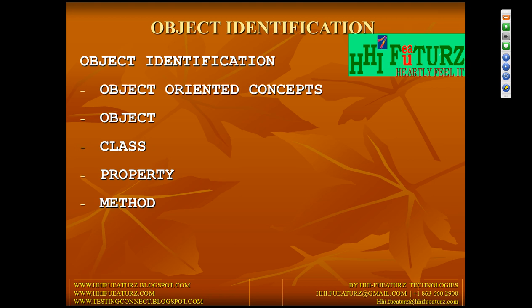All houses belong to the houses class, all human beings to the human beings class, all trees to the trees class. Within trees you may have different classes, like mango trees and banana trees.